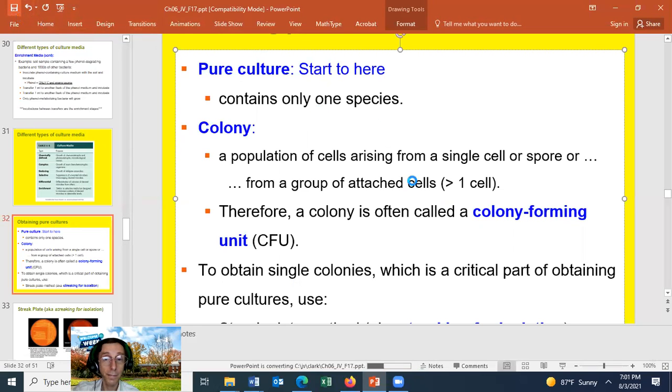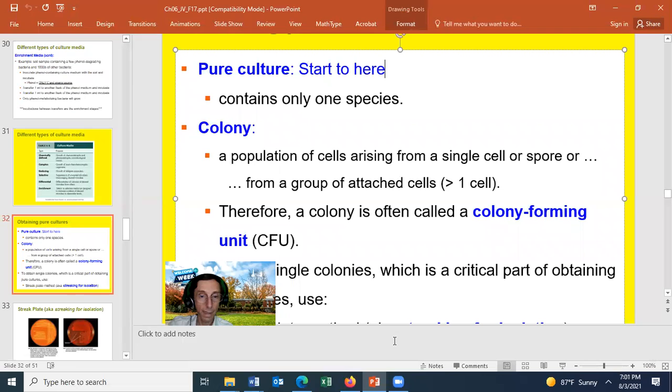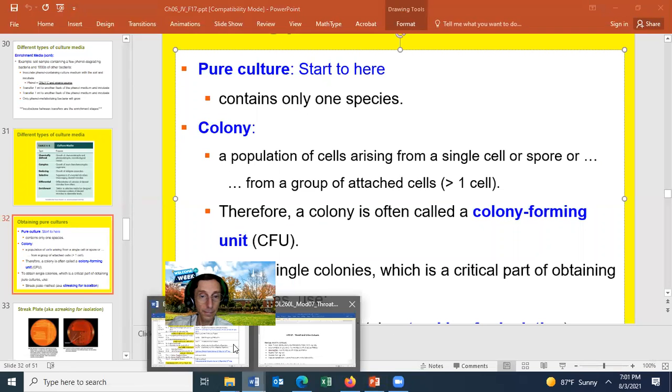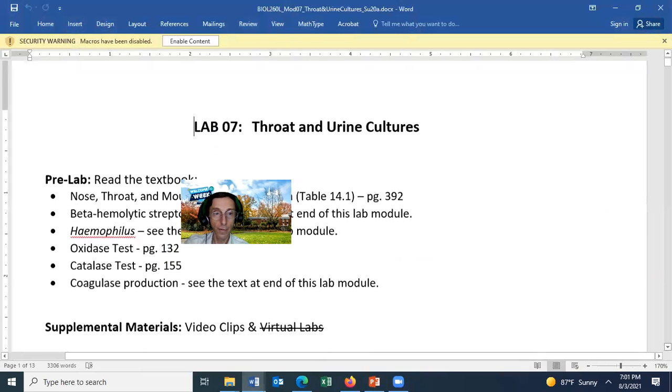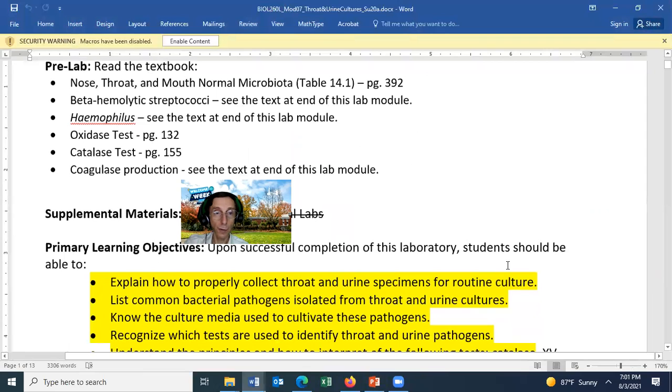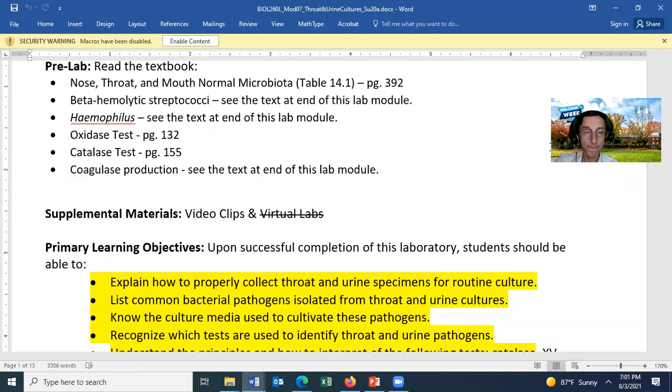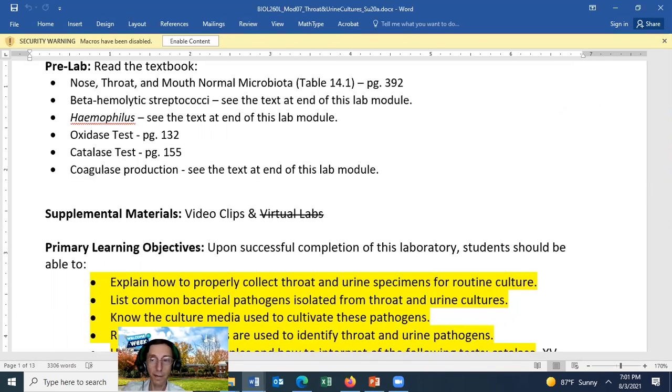Let's go to the lab. Lab 7, if I remember. There is some pre-reading that you should do before you do the lab.